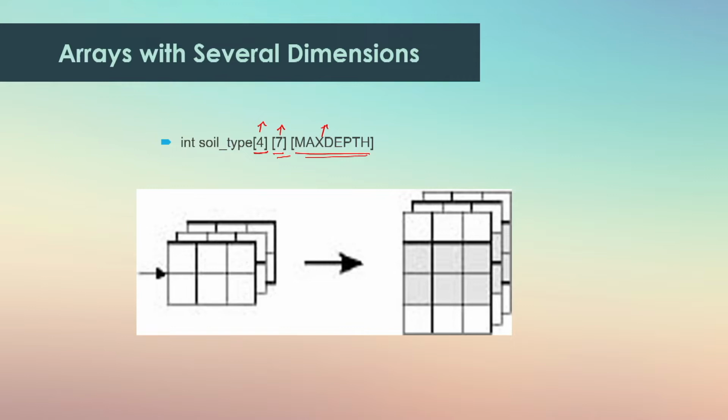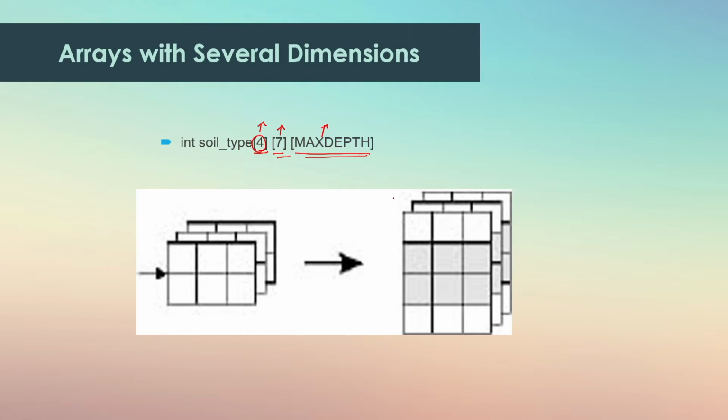Likewise, we can go for having 4 tables or 4 layers. We can either call them layers or tables. According to this example, there are 3 layers here, and each layer will have 4 rows, row number 1, 2, 3, 4, and 3 columns 1, 2, 3.